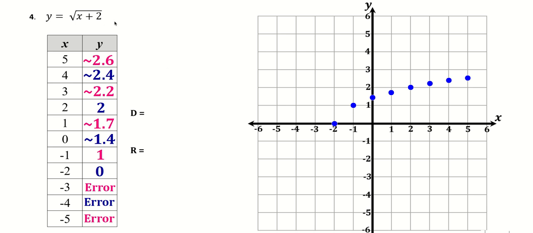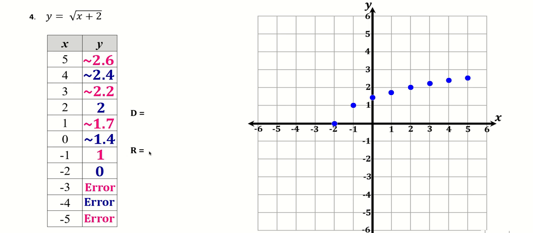So in other words, this domain is any x greater than or equal to negative 2, like the graph is showing, because this is going to keep going. You can plug in 6, you can plug in 7, you can plug in 8. So it's from negative 2 to positive infinity is the domain.